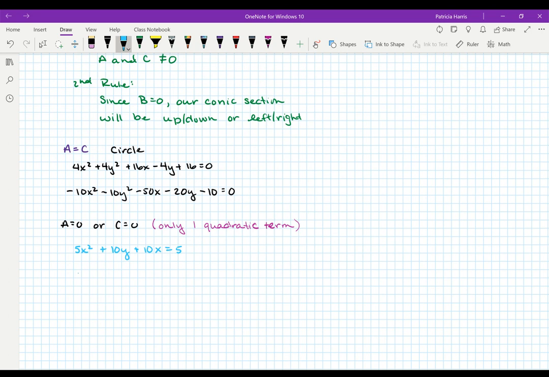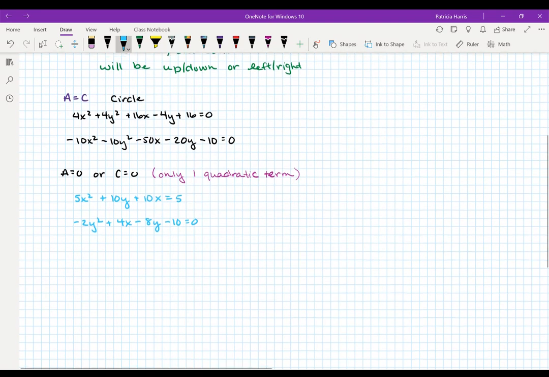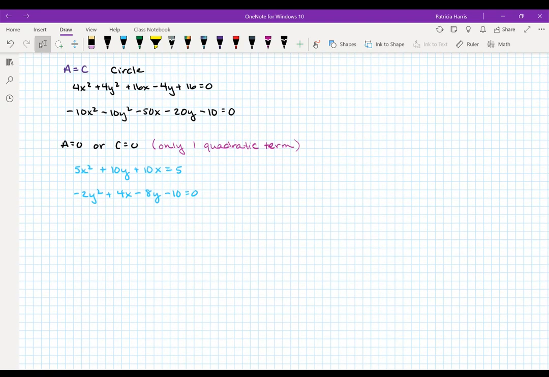Okay, or something that looks like this. Okay, basically you only have one square, then you're looking at a parabola. Okay, all right, next up.